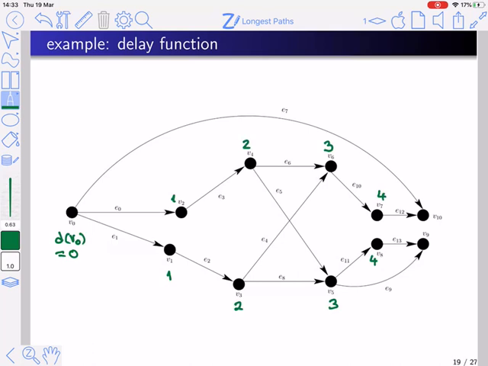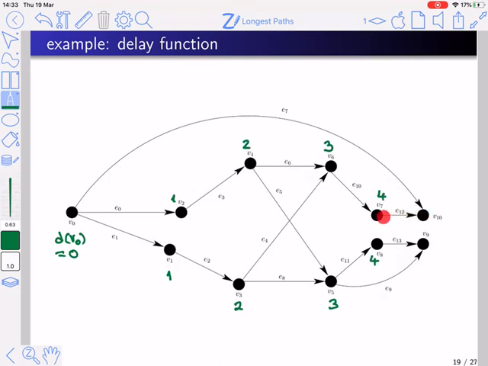Now let's look at V10. V10 has two edges that enter it. The first one from V7, whose delay is 4, and the second one from V0, whose delay is 0. So what V10 says is that I could have paths reaching me either from V0 or from V7.